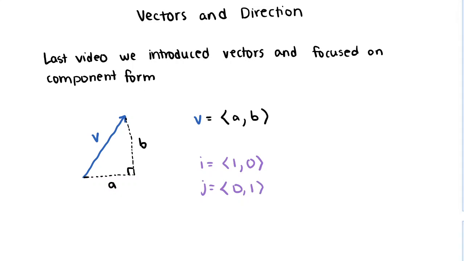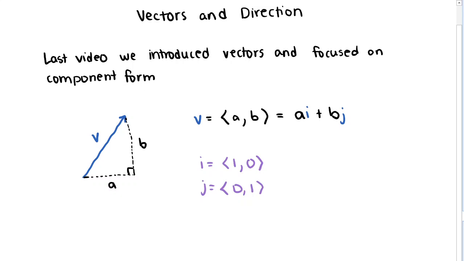So this vector with horizontal component A and vertical component B can be expressed as A times i, A units in the left or right direction, plus B times j, so B units in the up direction.